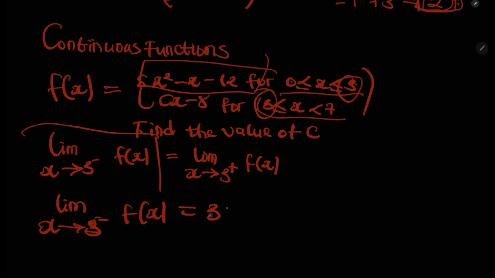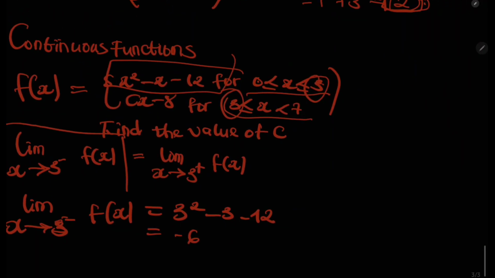We're going to have 3 squared minus 3 minus 12. From there we are going to have minus 6. So this is the limit as x tends to 3 from the minus side.